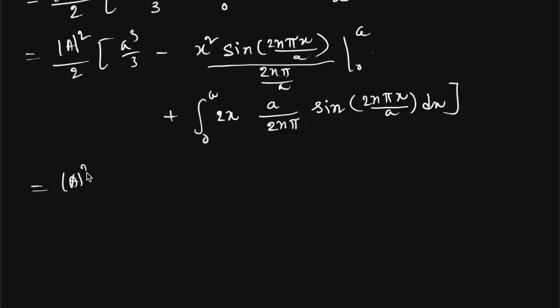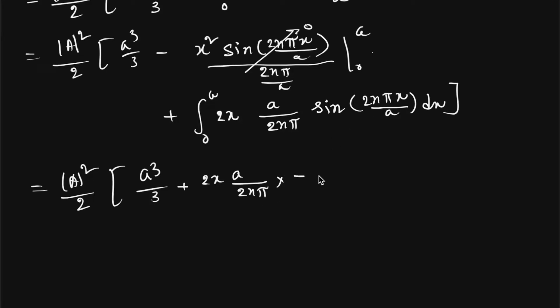|A|² by 2 times a³ by 3, this will be 0, that means plus, first 2x times a by 2nπ, minus a by 2nπ cos(2nπx/a) from 0 to a.